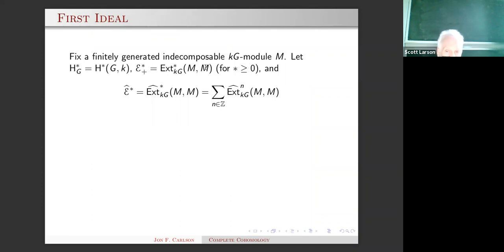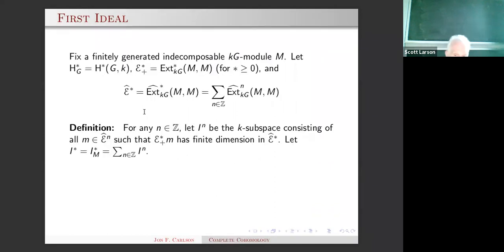The cohomology ring, again in non-negative degrees, and I'm putting a plus sign down here to indicate that, is just going to be E plus. And the thing with the hat on it, this is our standard notation for Tate cohomology. This is going to be the complete cohomology.